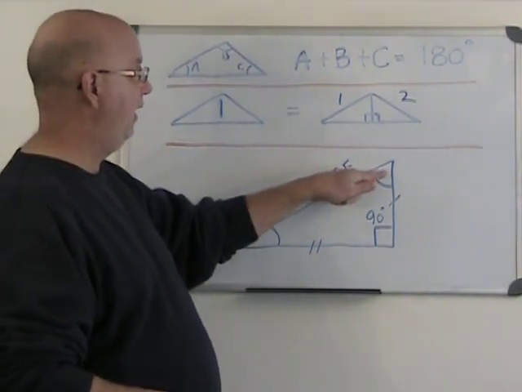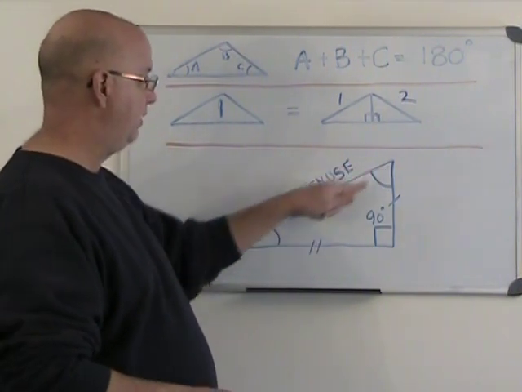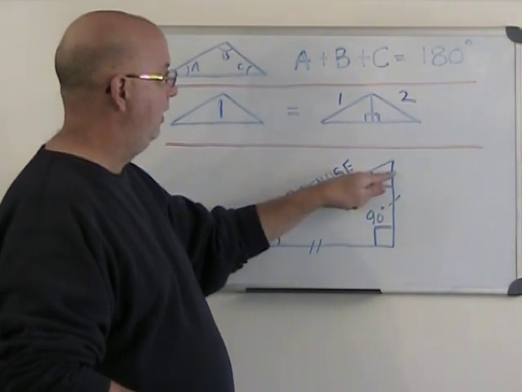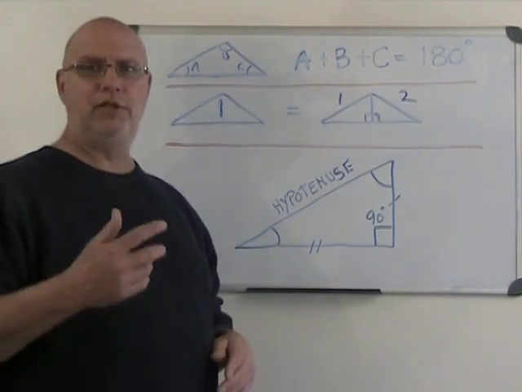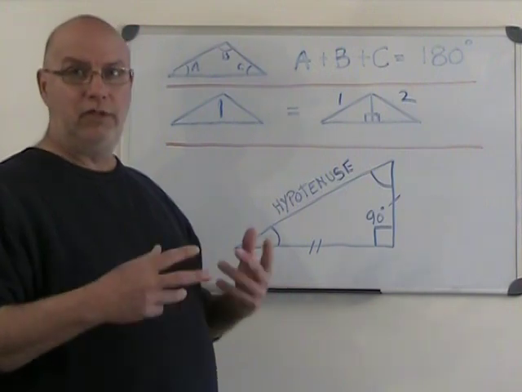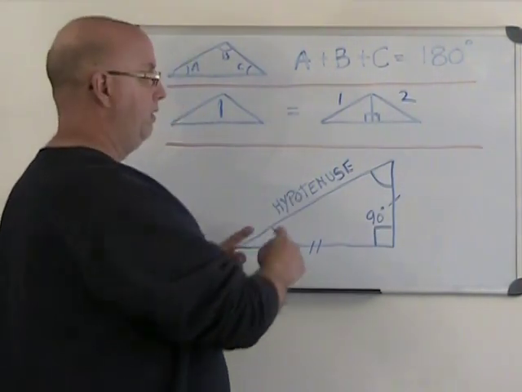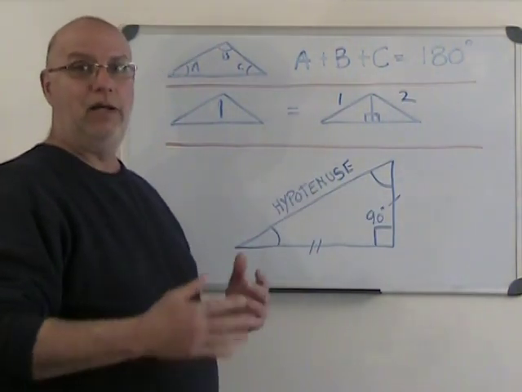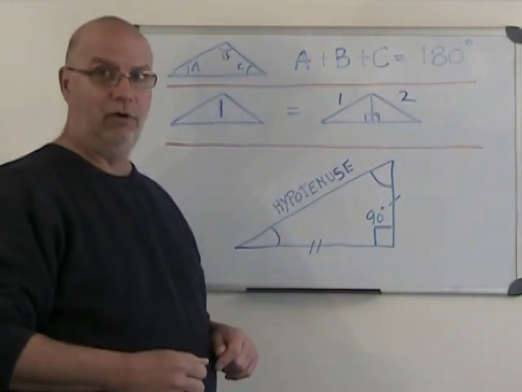Now if I look from the vantage point of this angle, this becomes the opposite side, and this becomes the adjacent side. It's important to know this because in trig, opposite, adjacent, and hypotenuse are terms that come back often. So 90 degrees, 3 sides, the longest is the hypotenuse, and the 2 other sides can be opposite or adjacent depending on which angle I'm looking for.